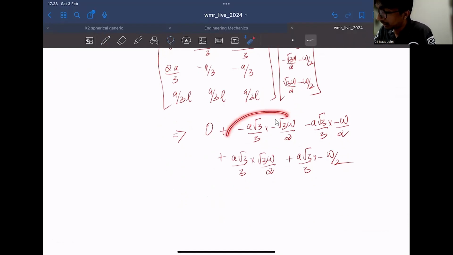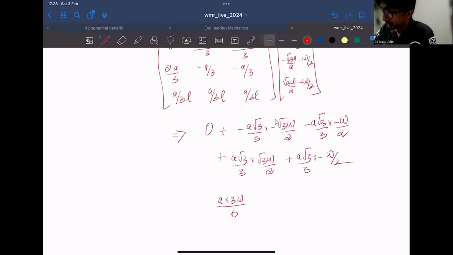this term, that is a root 3, that'll be a times 3 omega by 6, and this term would be plus a root 3 omega by 6.